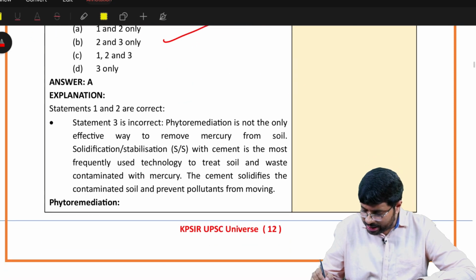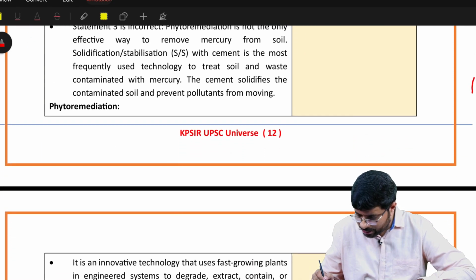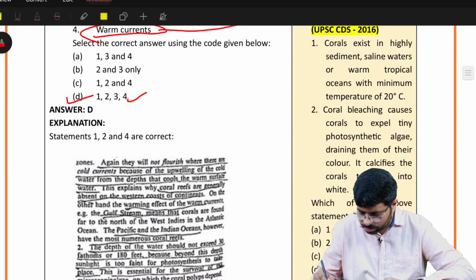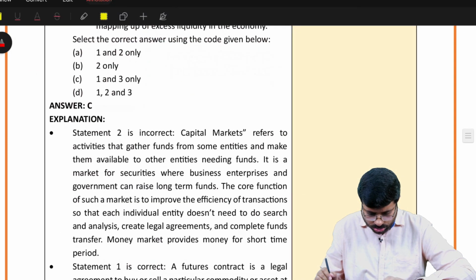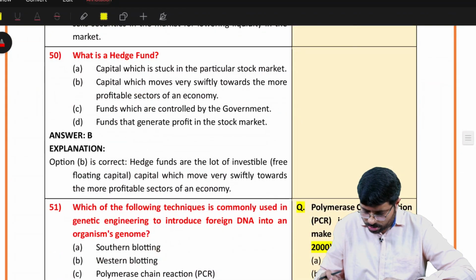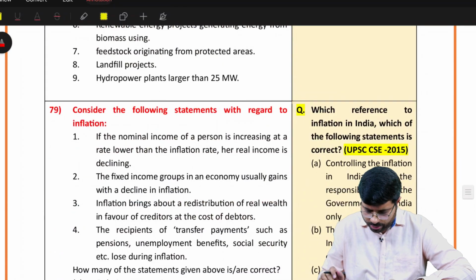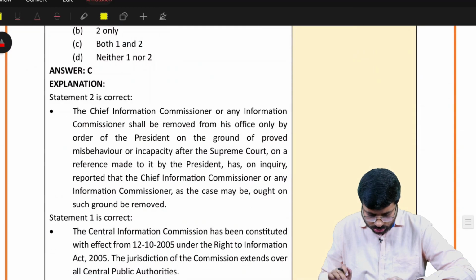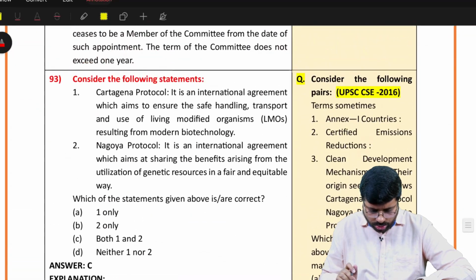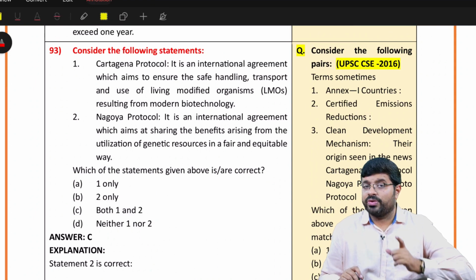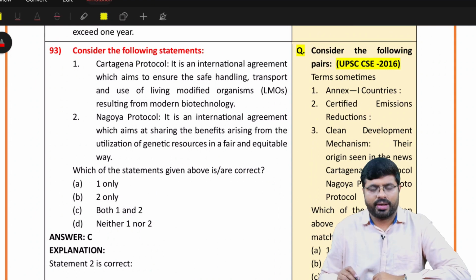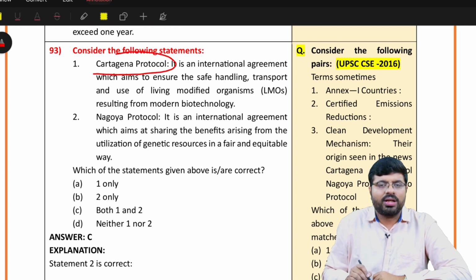Then question number 93 straight away. Once again, I want such basic questions not to miss even a single mark. Cartagena Protocol. What is Cartagena Protocol?